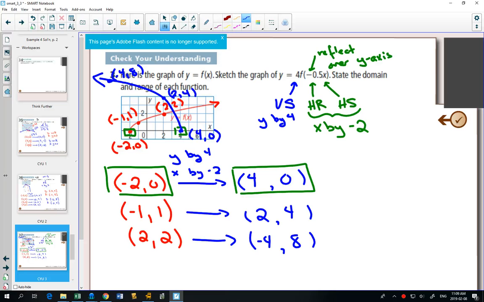Another thing that you can do to think about your shape is go through the things that you wrote down. Take your original graph, stretch it. Can you imagine that? If not, I'll draw it on here. Can you imagine stretching it vertically would do that? Horizontal reflection over the y-axis.